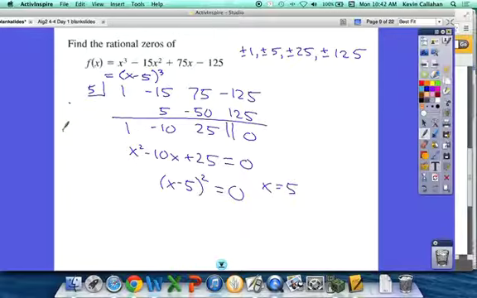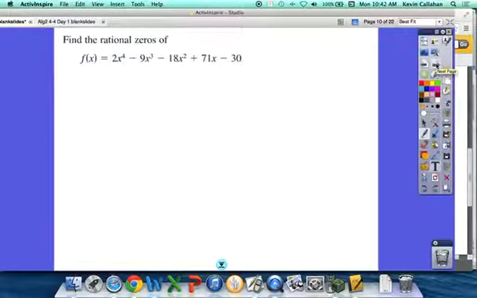Now this one had 8 possibilities, and we found the one that made it a lot easier. These things get a lot more complicated when you actually have a first number which has its own factors. Let's look at the possible rational zeros that we get with this one. They will be the factors of negative 30 divided by the factors of 2.